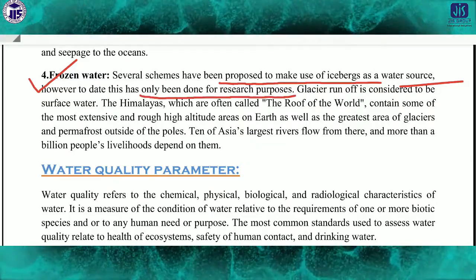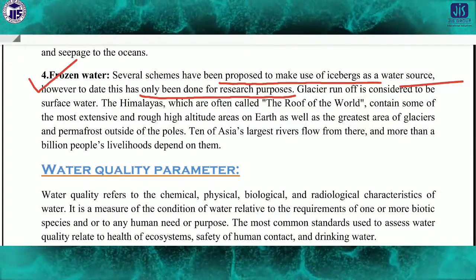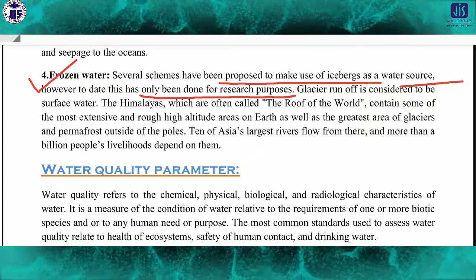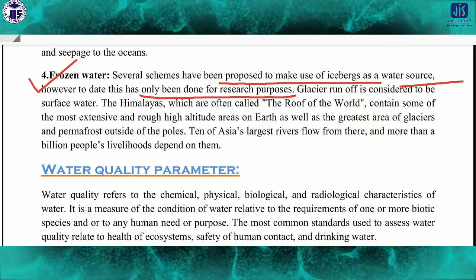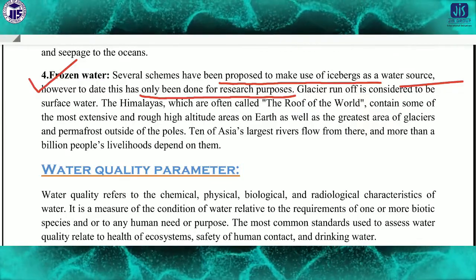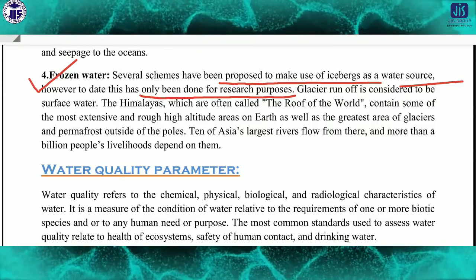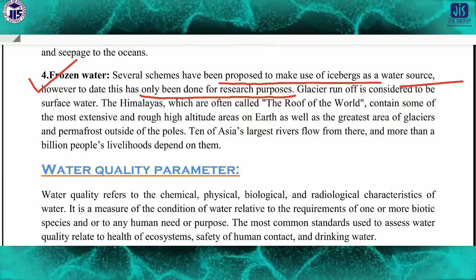Glacier runoff is considered to be surface water. The Himalayas, which are often called the roof of the world, contain some of the most extensive and rugged high altitude areas on earth, as well as the greatest area of glaciers. So in this way, frozen water is another source of water.